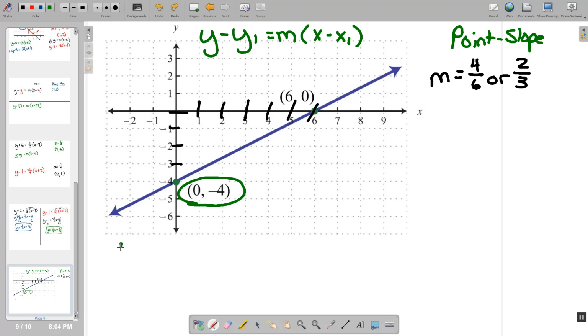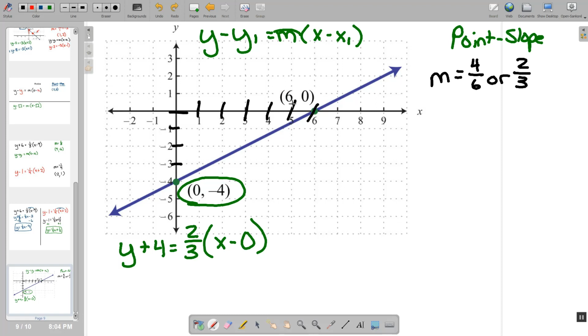So I'm going to do y minus a -4, minus a -4 is +4, equals m, which is my slope of 2/3, parentheses x minus 0. And now I have this written in point-slope form.